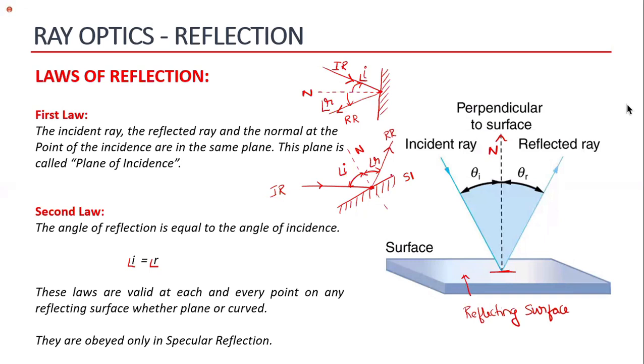At that point, for that reflecting surface, draw a normal. Calculate the angle between your incident ray and the normal. Take the same angle on the other side of the normal, and from the same point draw a line with that angle, and you will get a reflected ray.